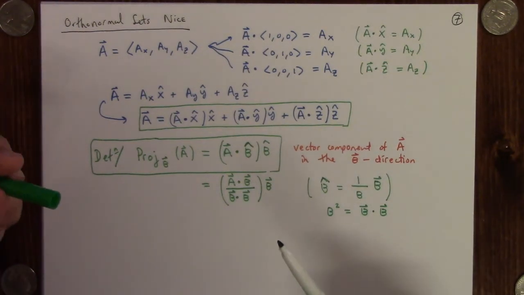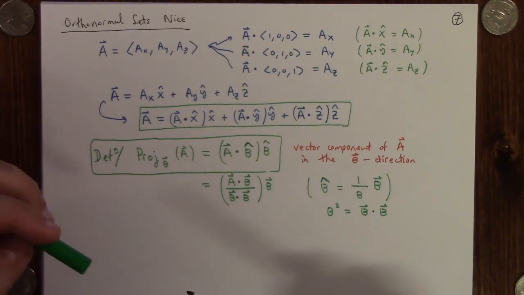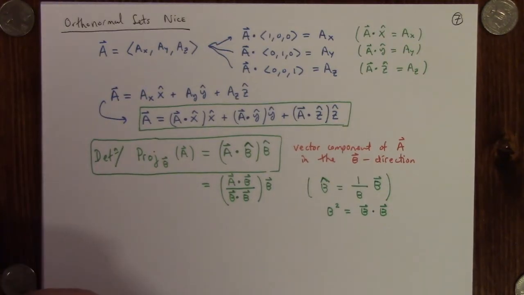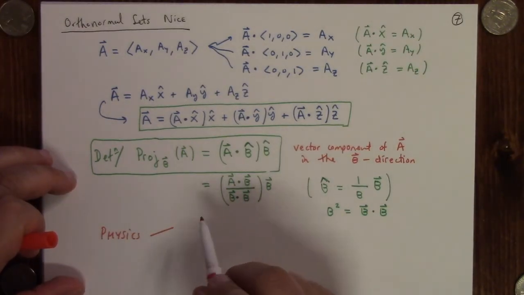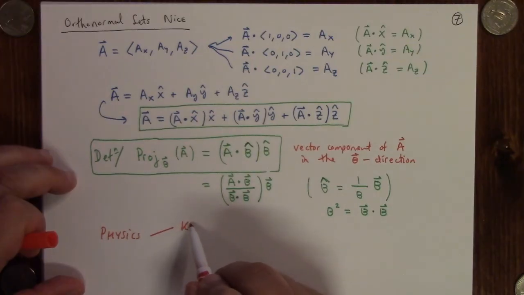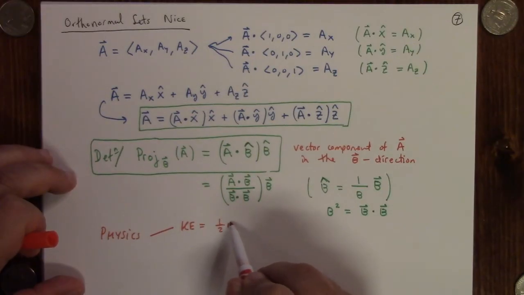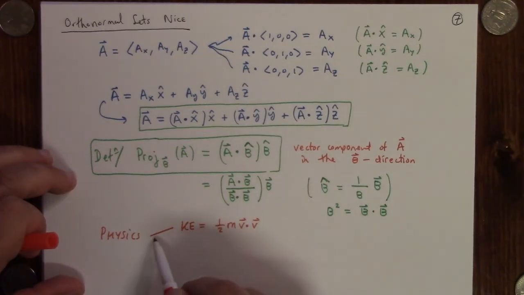I would just also point out that the dot product physically has lots of significance. Of course, we've already seen it's the length squared. I will just draw your attention to a couple of others. Another thing you might know about is kinetic energy, 1/2 mv squared, but that's really v dot v, so the dot product is there.